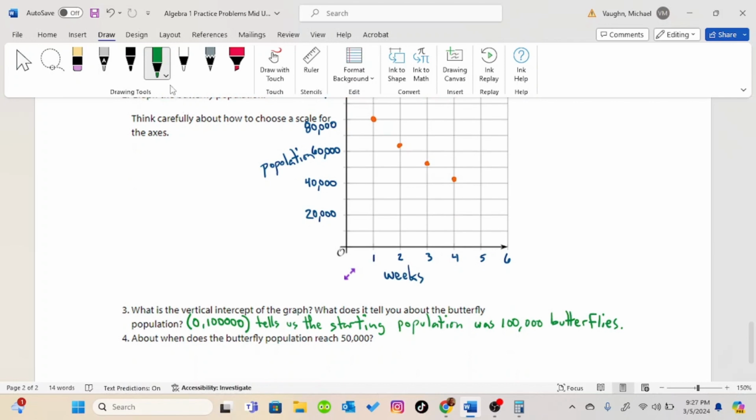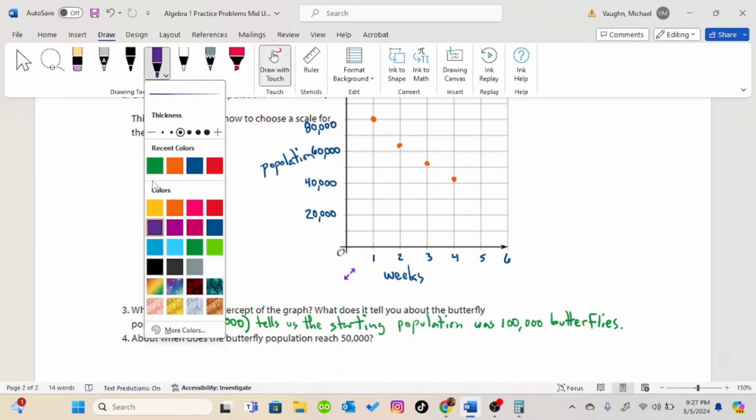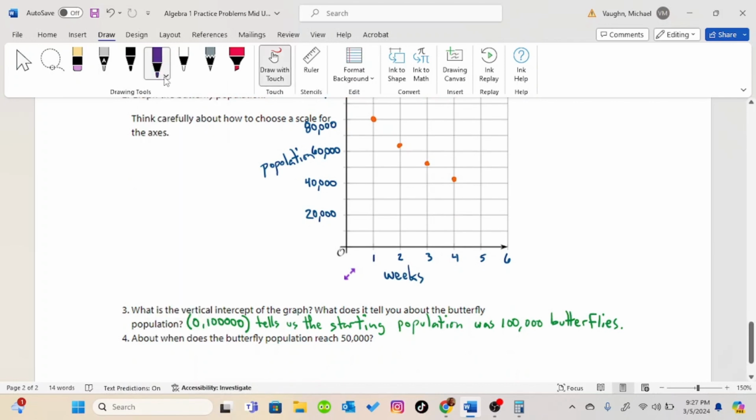And then number 4, about when does the butterfly population reach 50,000? So this line right here would be 50,000. We can see that at week 3, we're still just a little bit above it at 51,200.